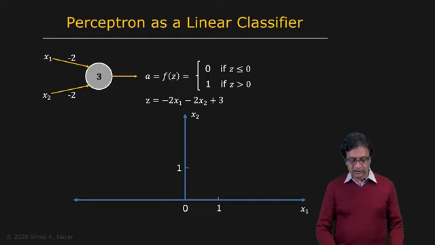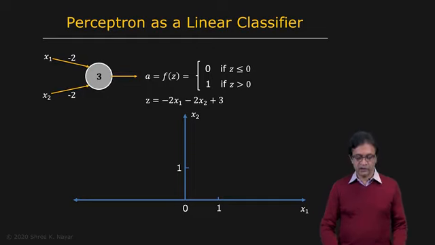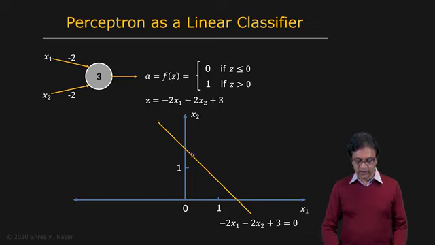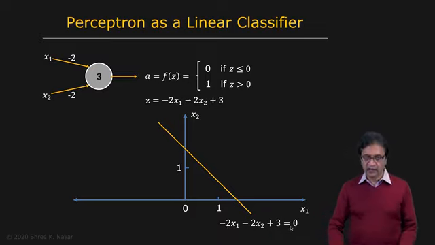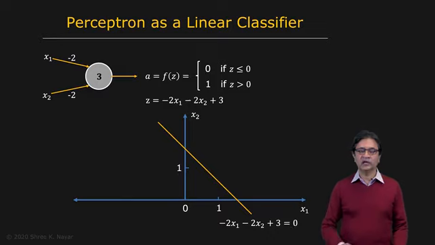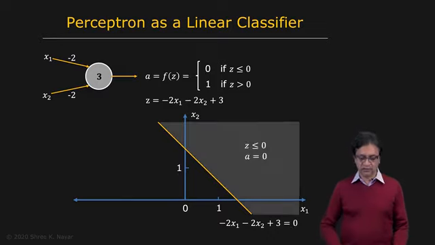We showed that this perceptron acts like a linear classifier, where the decision boundary is this straight line right here, which is -2x1 - 2x2 + 3 = 0. If an input lies on or on the right side of this line, then you have an activation, or an output, of 0.